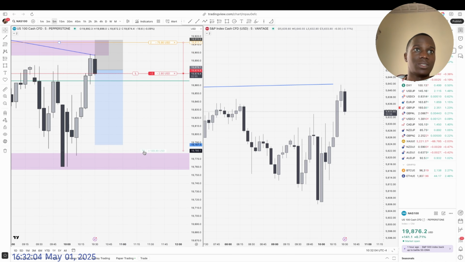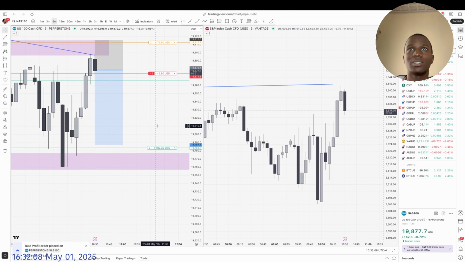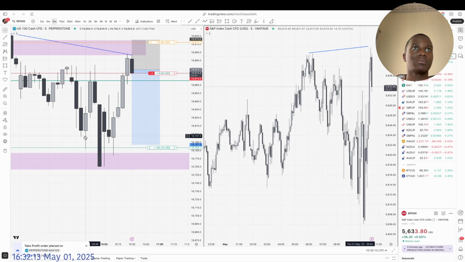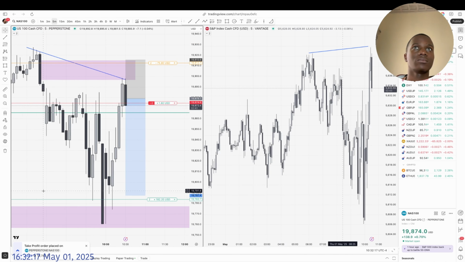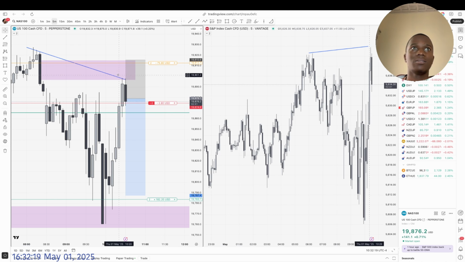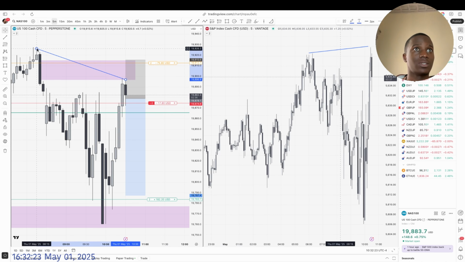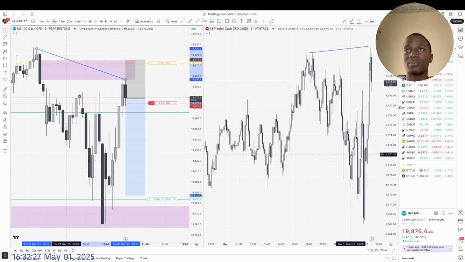Let's add TP down here, and let's wait for it and see. So our confluence was the SMT. High taken out, high wasn't taken out, so this will be an SMT. Let's also label it SMT.